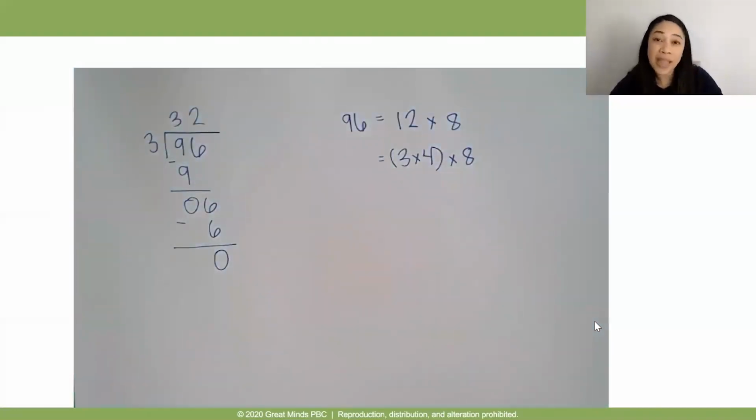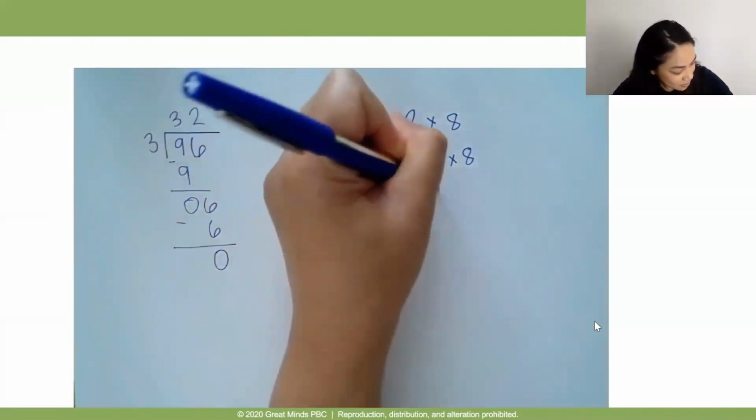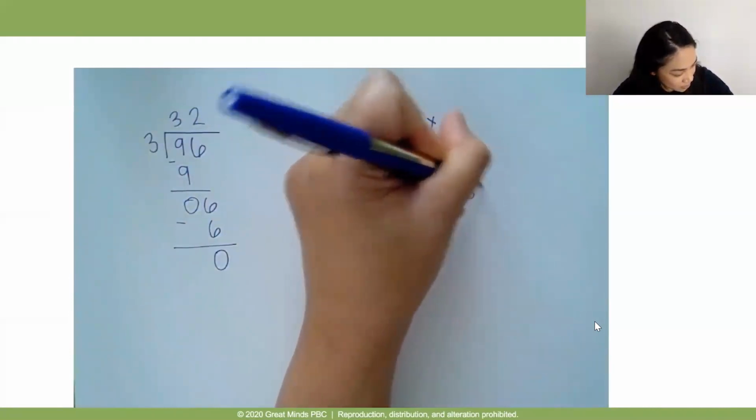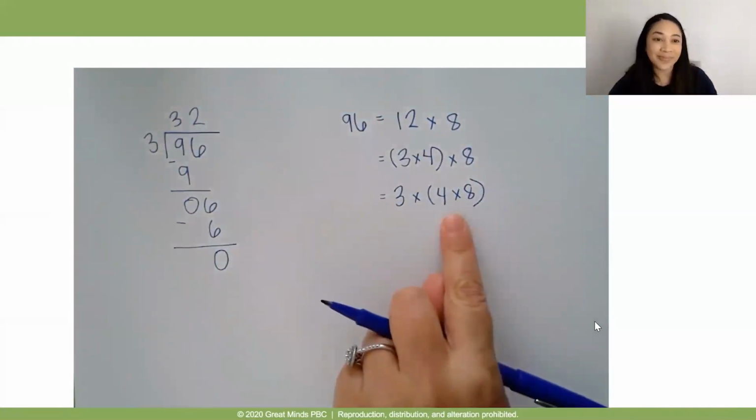Since we're determining if 96 is a multiple of 3, we need to associate 4 with 8. What is 4 times 8? 32.